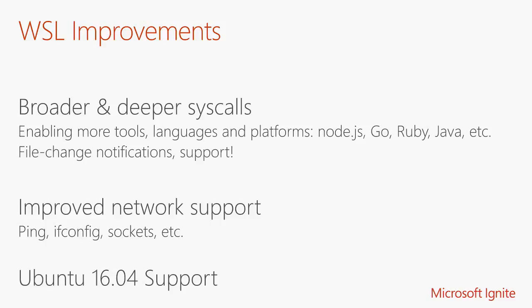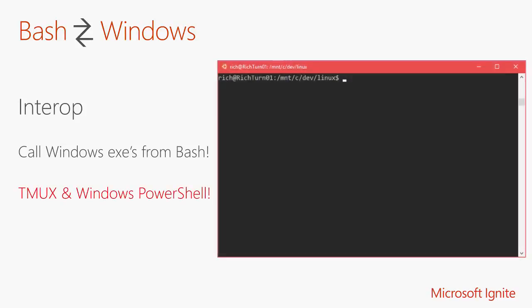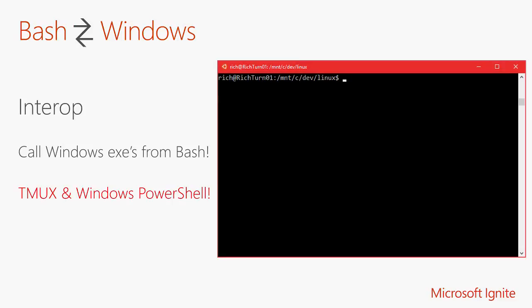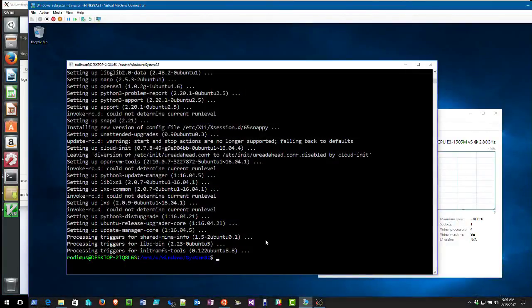Ubuntu 16.04 support, which you saw me do in that VM. Interoperability: you can eventually call Windows executables directly from Bash, Tmux and Windows PowerShell, for example. So if I go back here and pull up that VM, I can go PowerShell. Whoopsie-daisy, that hasn't found it.